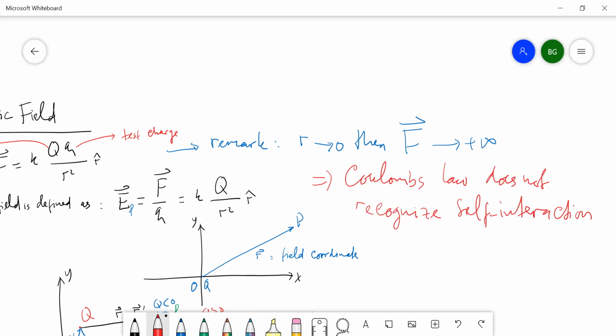In classical physics, there is no self-interaction. Interactions mean we have at least two objects.